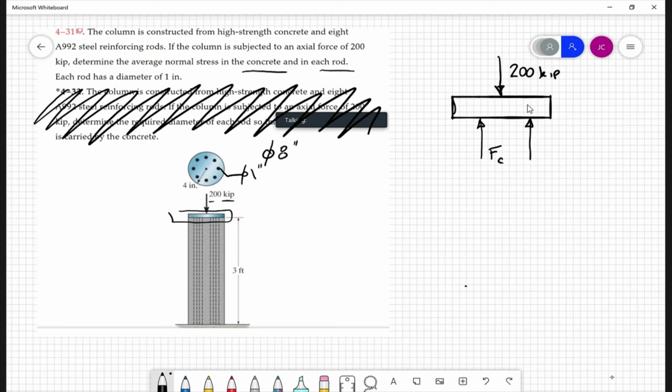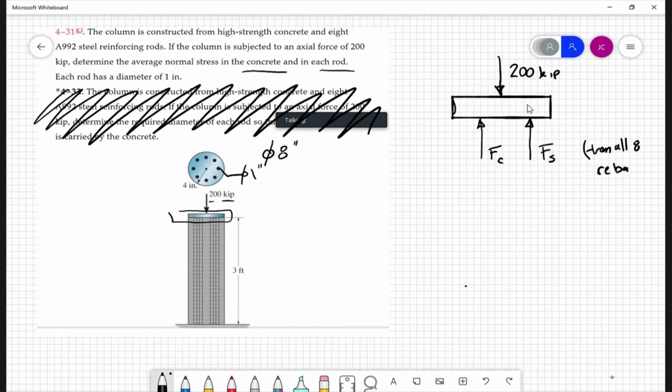So there are two ways we can deal with this. It really doesn't matter. I can treat all 8 steel rods as one piece, or I could think of it as 8 individual steel rods. Let's just have one force for the steel, the force from all 8 reinforcement bars.